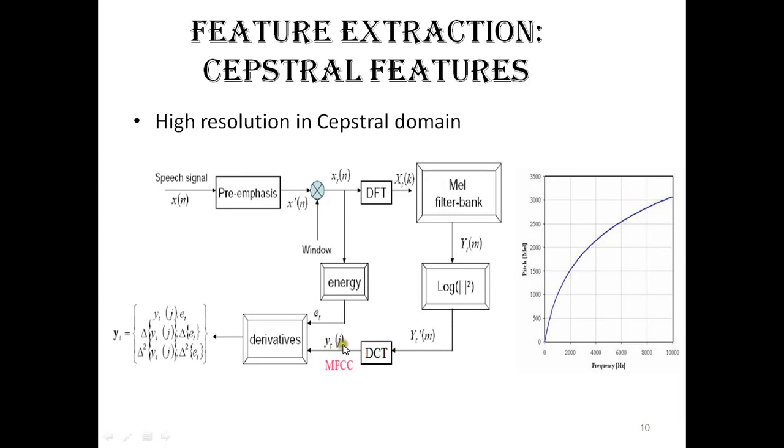Now, if we want to capture any change in the dynamics of the Mel frequency Cepstral coefficients, we can proceed to obtain the derivatives as shown in this block. And this is a curve that illustrates how the Mel scale is essentially logarithmic with frequency.